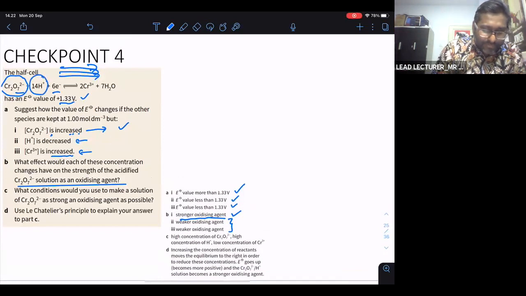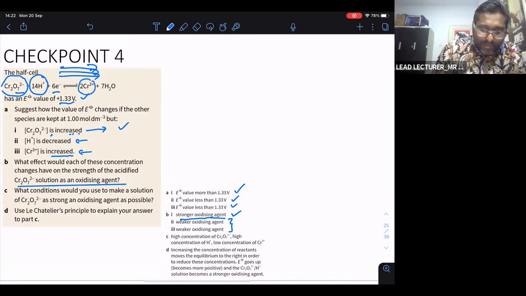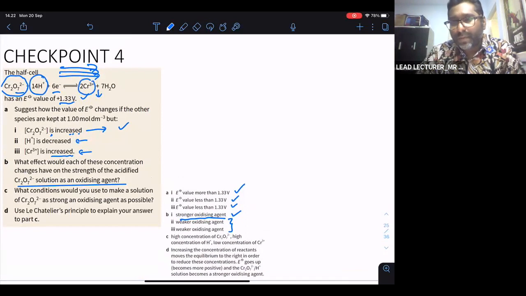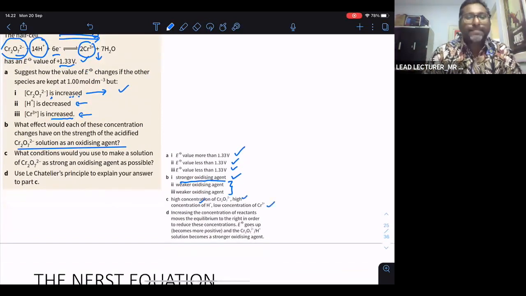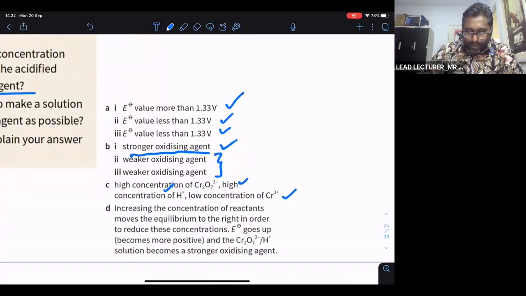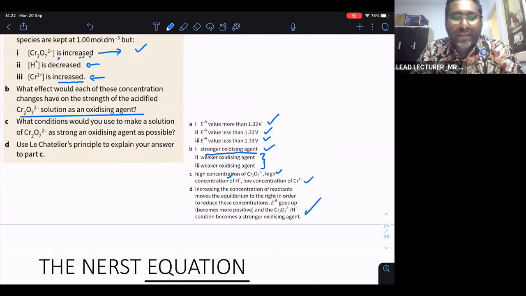You increase the concentration of this, it will go to the right, according to LCP. You decrease this concentration, and then it will go to the right. So that's why you can see high, high, low. You can just use LCP. Please go through this example.